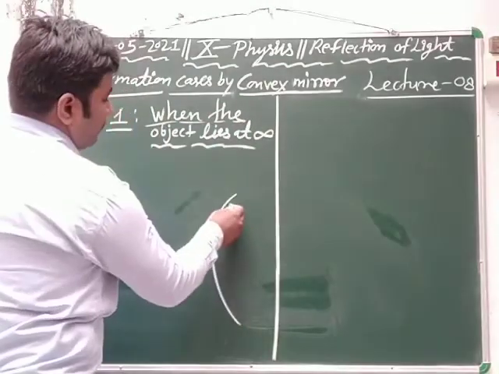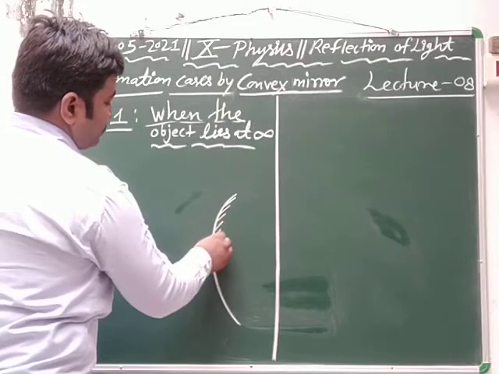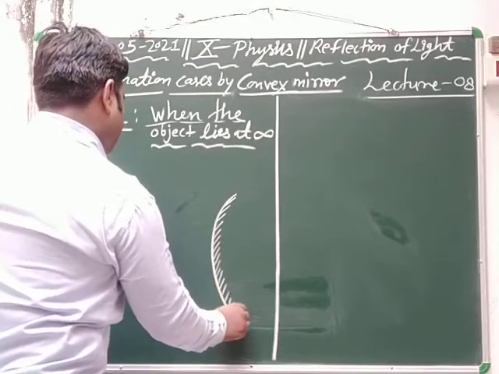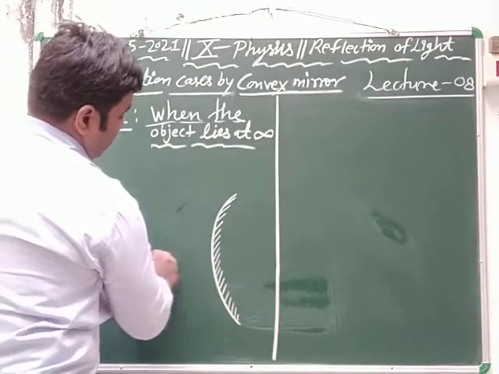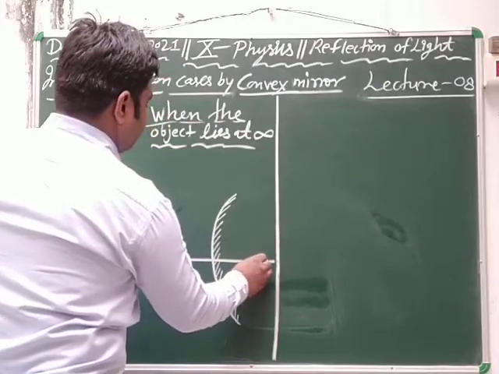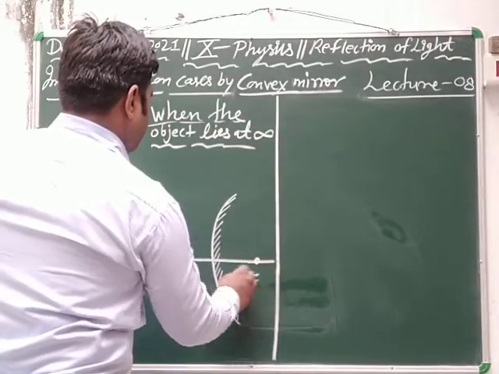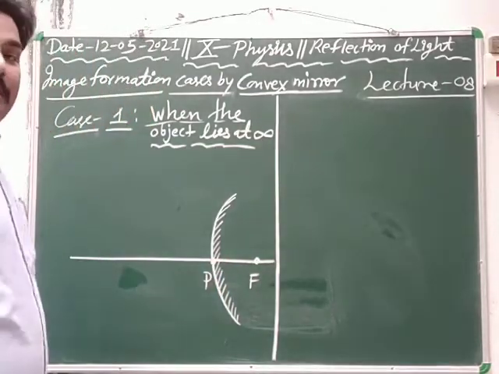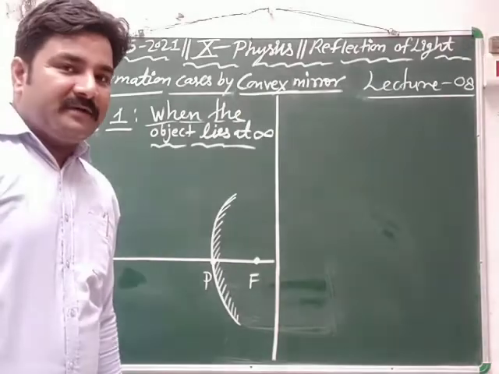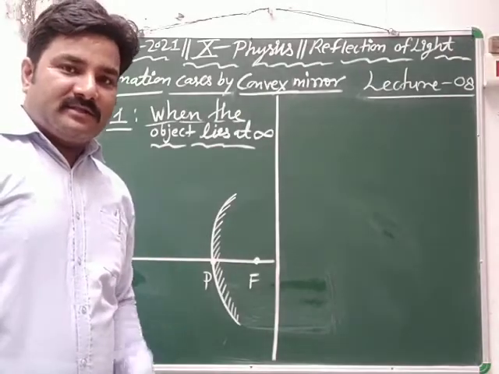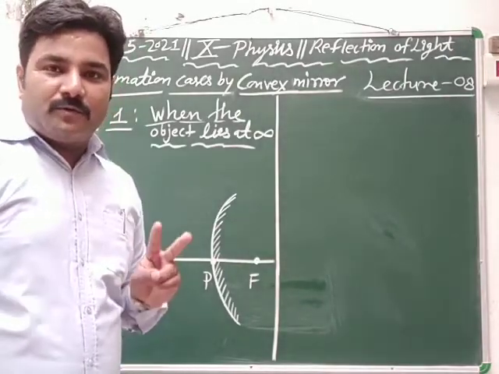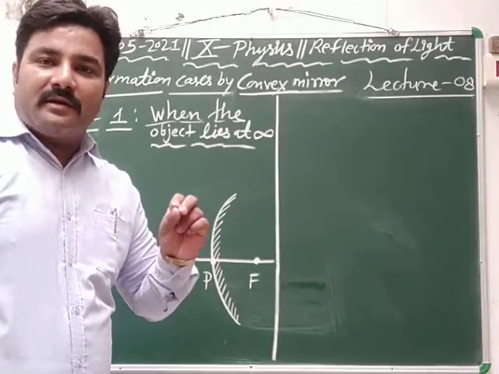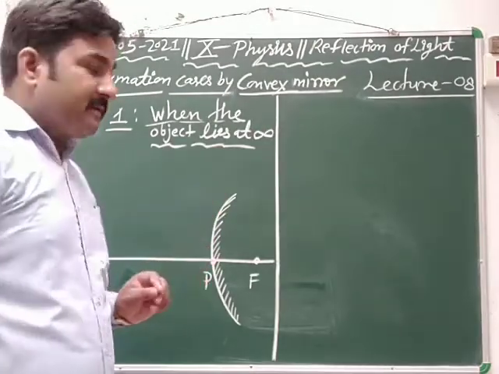See the convex mirror, an image formation will take place. Very simple concept. The object here lies at infinity. So in the sense of infinity, we will take two rays on the top point, coming parallel to each other. Clear?